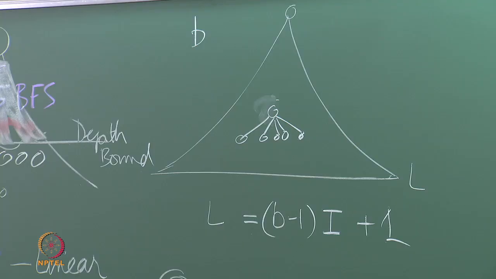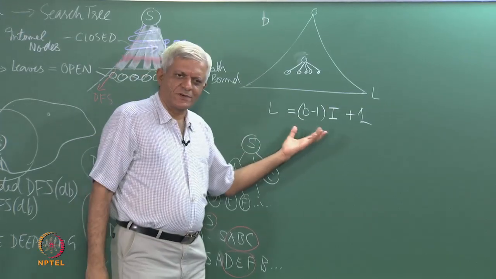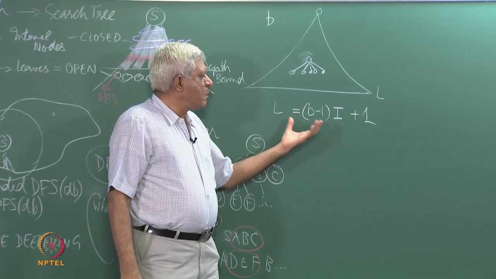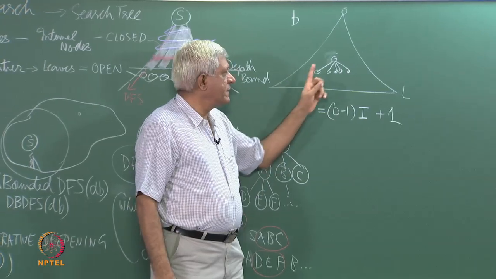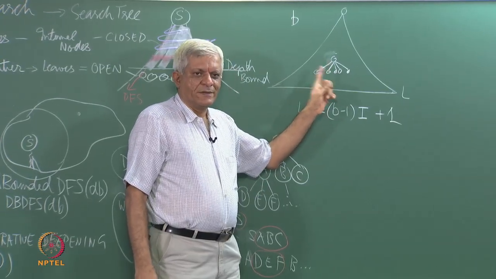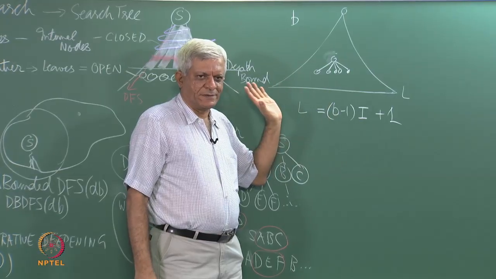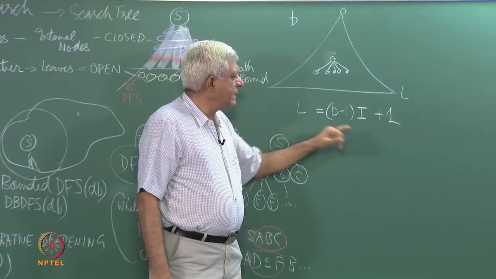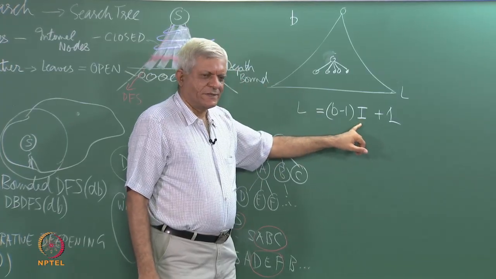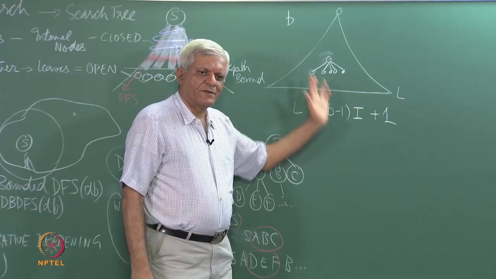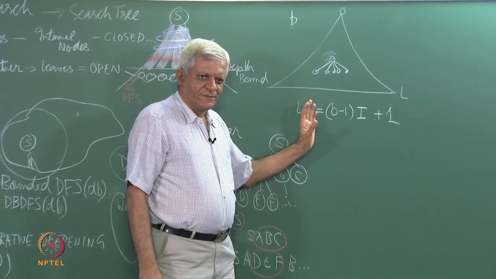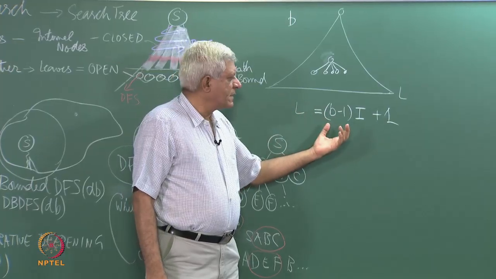So, what is the argument for this? Of course, you can give a proof by induction if you are more mathematically inclined, but this argument is just a tournament argument. It says that in every internal node B minus 1 players are eliminated. So, if I is the number of internal nodes, then (B minus 1) into I is the total number of players who are eliminated, which is of course L minus 1, and there is one winner.